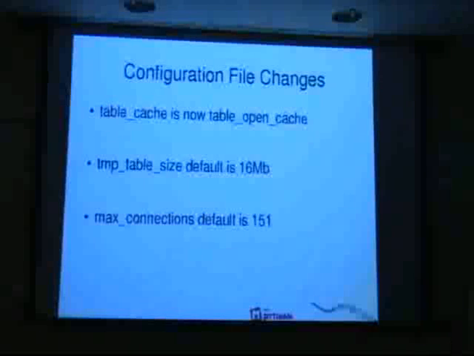But the actual maximum practical size of a temporary table is the minimum of tmp_table_size and max_heap_table_size. So there was no point in having tmp_table_size be 32 megabytes if max_heap_table_size was 16, because the temporary table was just going to be that. You might think it's lowering the temporary table size, that's not so great, but unless you change it from the defaults anyway, you're getting the same practical effect.